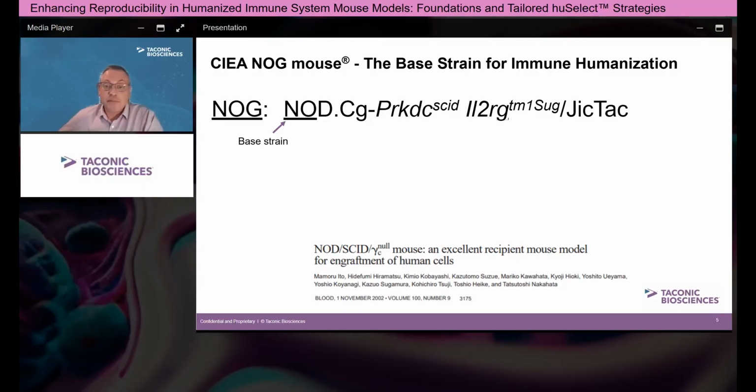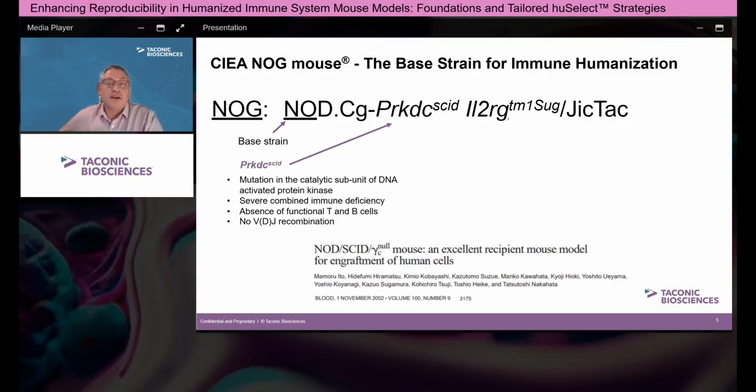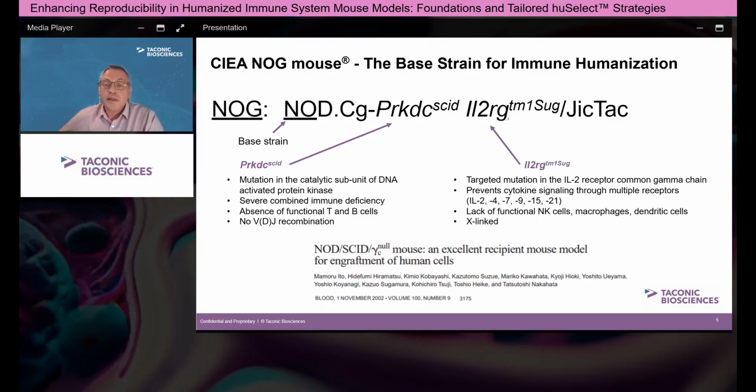It is based off the NOD background that combines the SCID mutation, rendering these animals deficient in T and B cells, along with a truncation deletion in the IL-2 common receptor gamma chain, thereby leading these mice to be non-responsive to numerous cytokines, leading to multiple additional immunodeficiencies, including NK cell deficiencies and dysfunctional myeloid cell lineages.